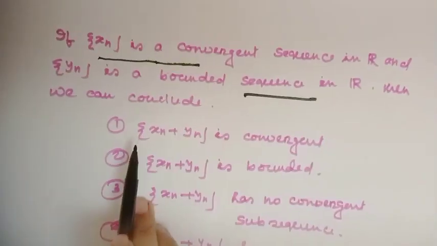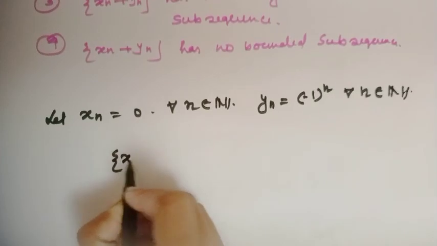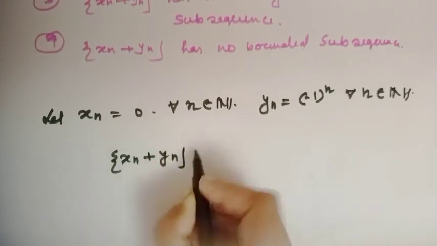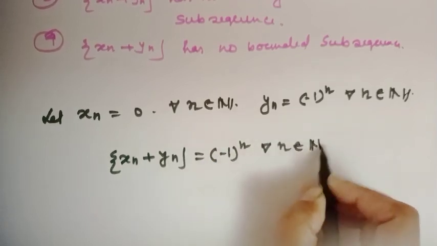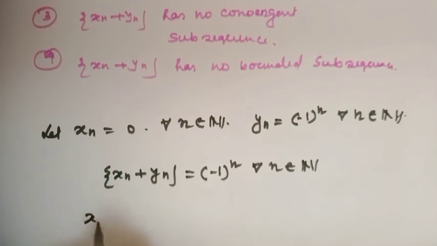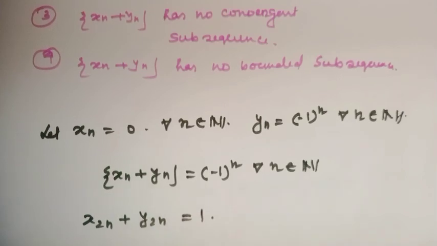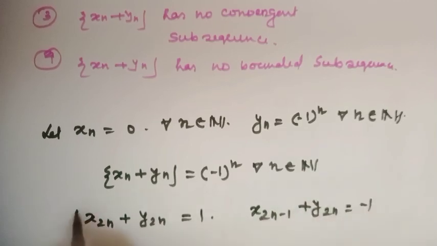Here, the sequence xn plus yn will be (-1)^n for all n belonging to the natural numbers. And this sequence does not converge. But if we consider two subsequences, the first subsequence of even terms, the value will be 1, and the subsequence of odd terms, the value will be minus 1.